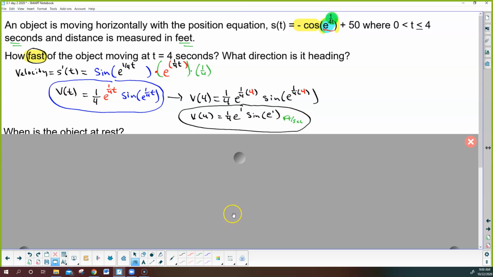Okay? Well, this doesn't help me determine what direction it's headed. So I'm actually going to grab my calculator and plug this in. So if you have a graphing calculator with you, maybe just give this a quick shot. Remember where the e button is? That's second LN. It's kind of the third button on the left of your calculator.